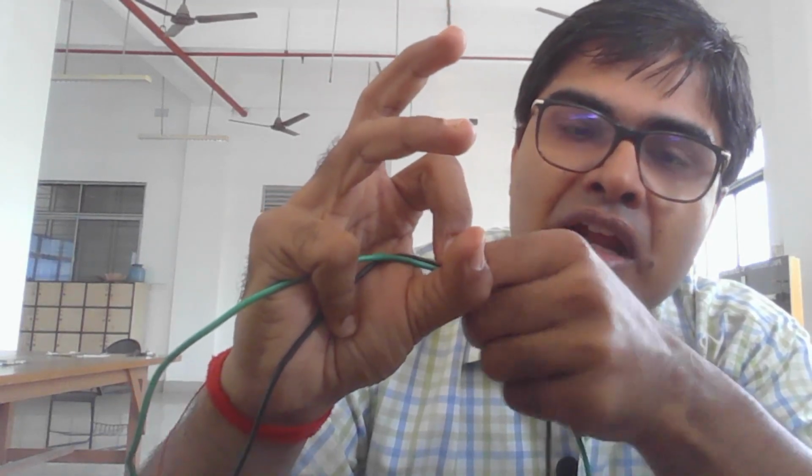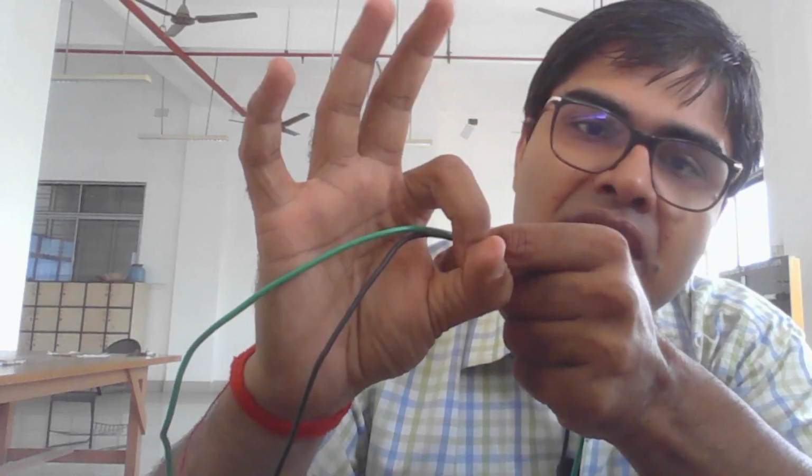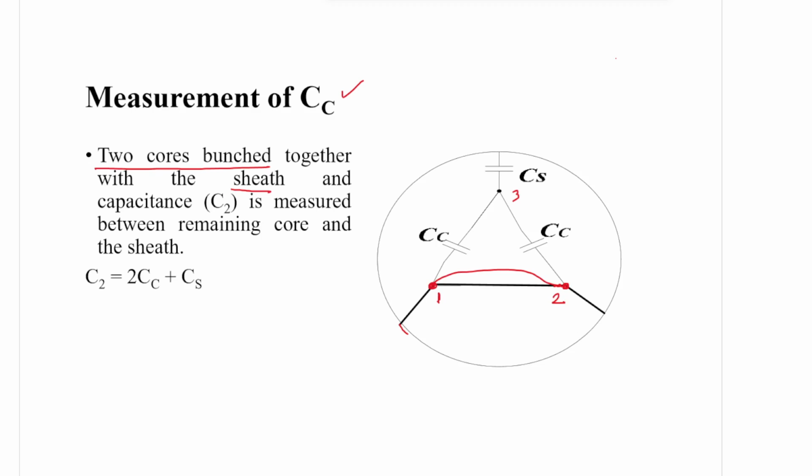So that the conducting paths are in direct contact with each other, that is okay. In addition to that, this conducting material now comes in direct contact with the sheath also, as I have destroyed this insulating part.